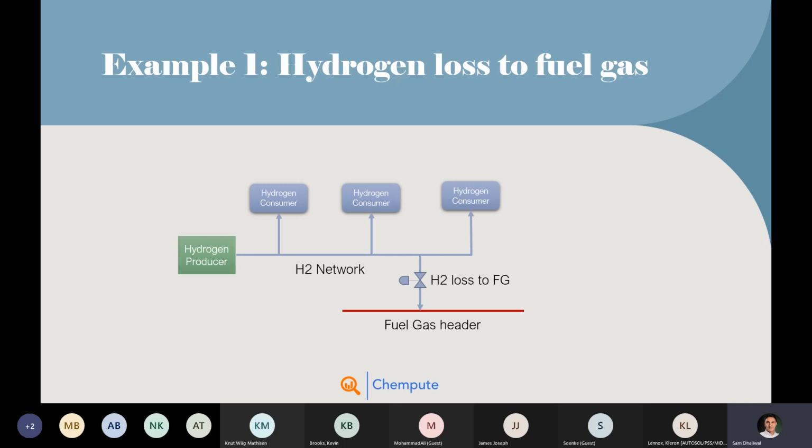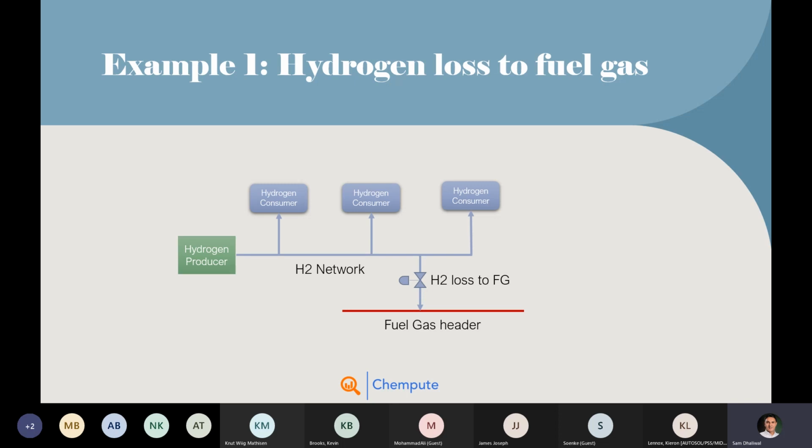This happens by the operators on the hydrogen production side adjusting the production based on what the pressure is in this hydrogen network. If suddenly a hydrogen consumer reduces their consumption, you will have a pressure buildup, and you will have that hydrogen going off into the fuel gas header and being burnt as fuel gas.